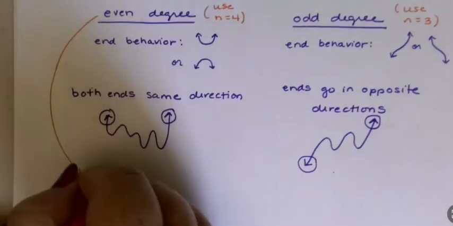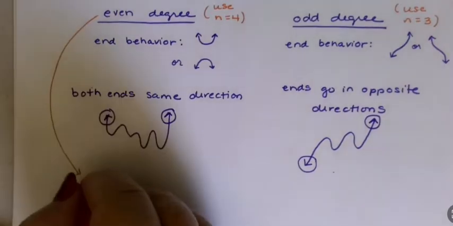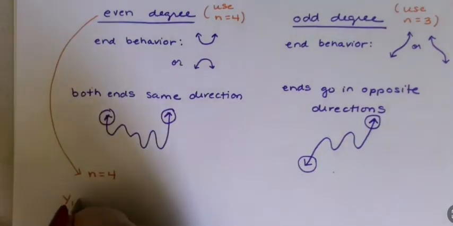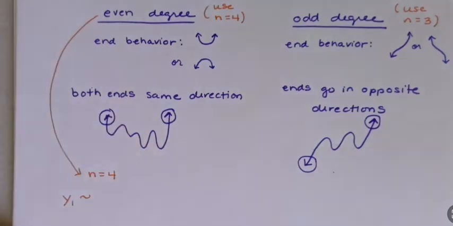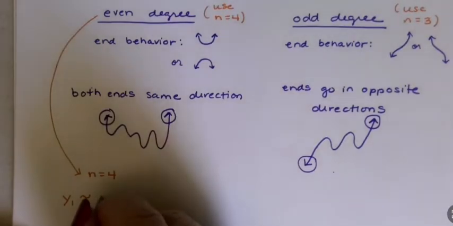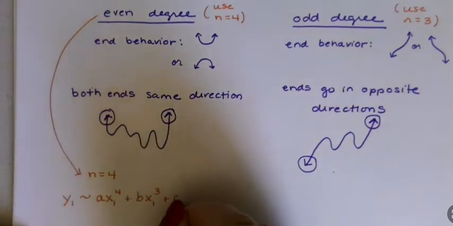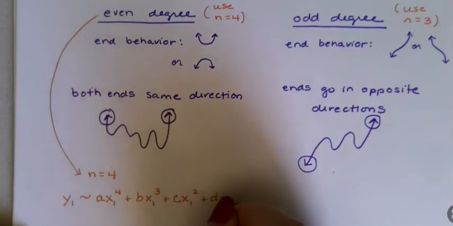An even degree with n equal 4. You're going to tell Desmos, I want a fourth degree polynomial. y1 with that tilde. And that would be ax1 to the fourth plus bx1 to the third plus cx1 squared plus dx1, right?